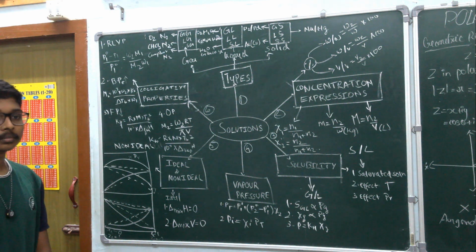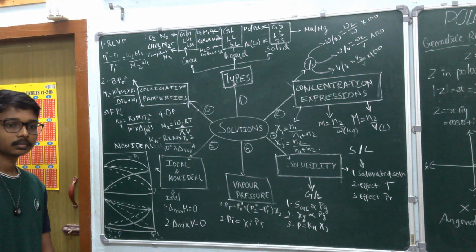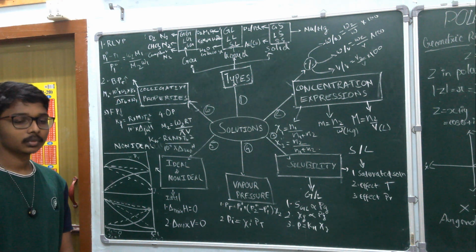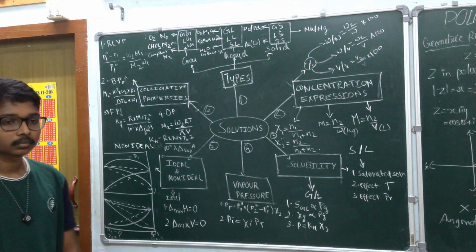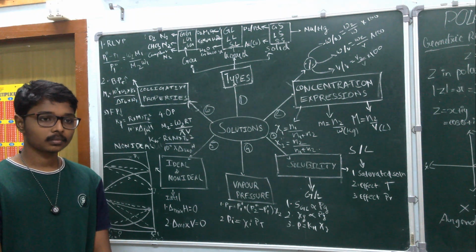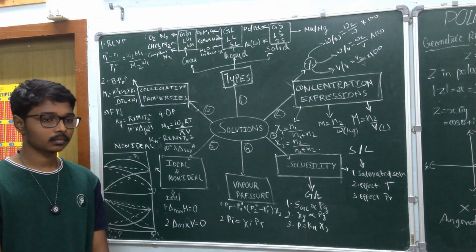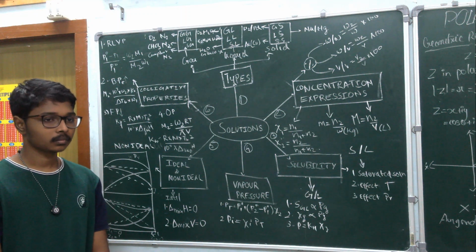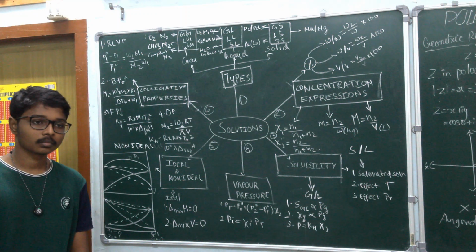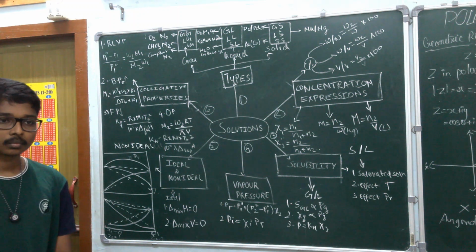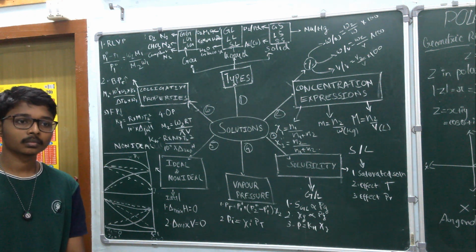Colligative property is the change in the physical properties because of the presence of solute. It depends on the amount of solute. For example, the boiling point of pure water is 100 degrees Celsius. If it contains any salts, it is not pure, so its boiling point will not be 100 degrees.